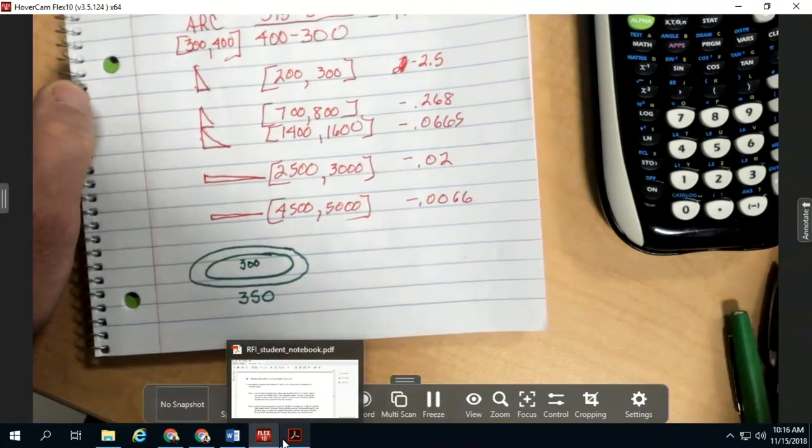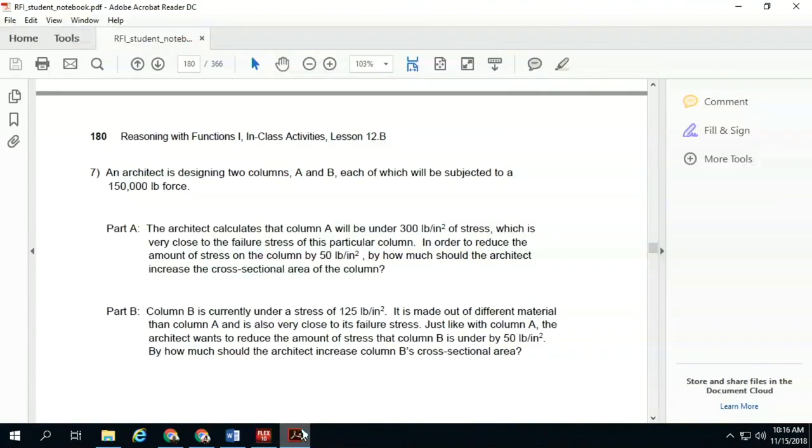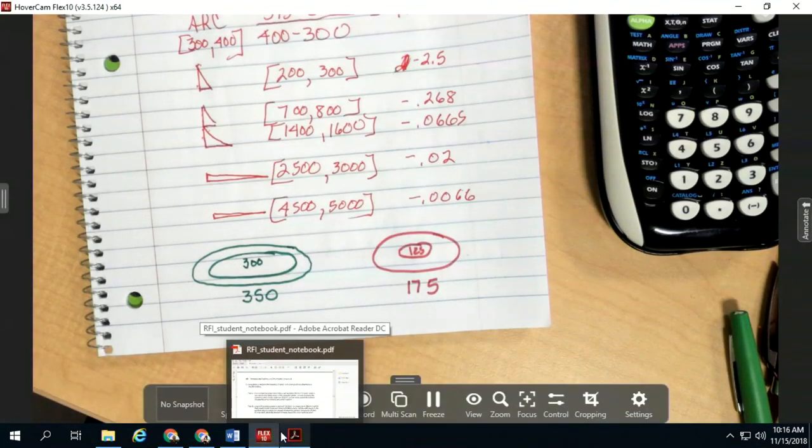Column B is presently holding 125 pounds per square inch. We want to make it bigger so that it will be able to hold 50 pounds more than that, 175. Okay? So in both cases, we are increasing the amount of stress they're under by the same amount, right?